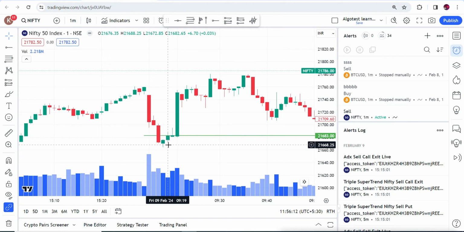The main core is that we are checking momentum, that if the market moves this many points up or down from a specific point, and you take a trade on that basis, did that strategy perform well in backtest or not. If it is profitable in backtest, then we can also apply it live.